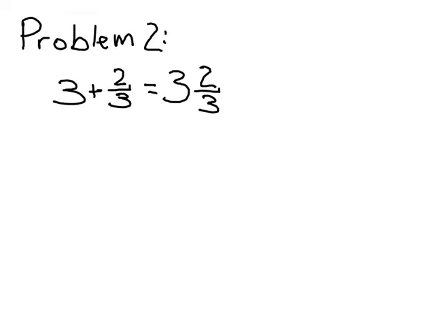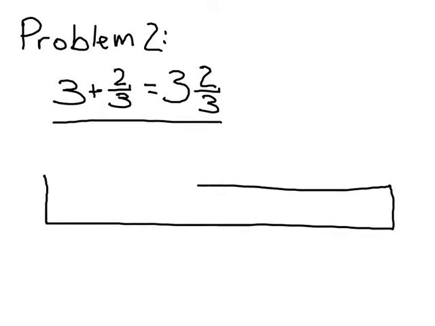Right, this one I haven't drawn the tape diagram yet, so we'll do that together. You can go ahead and write the problem and then restart the video. So let's draw out this tape diagram. We're going to draw a big tape here. We're going to divide this tape into threes. 1 and 2 and 3.